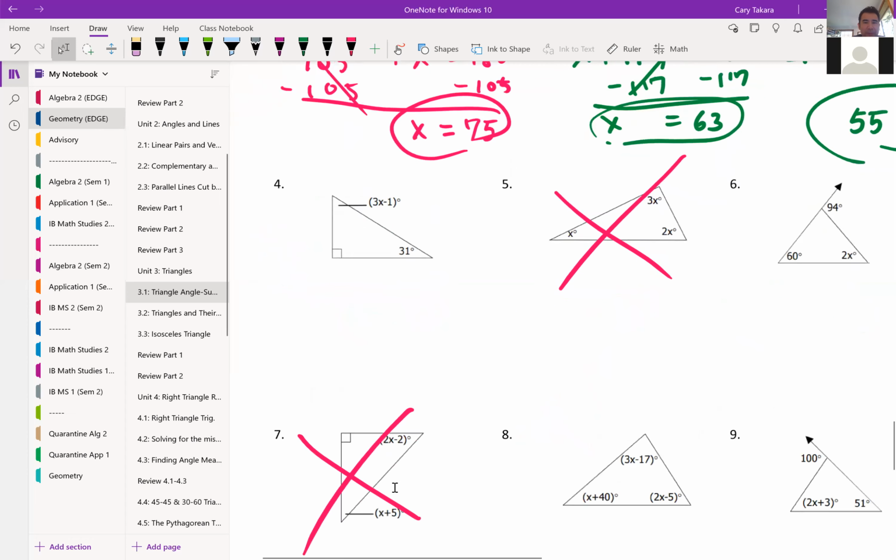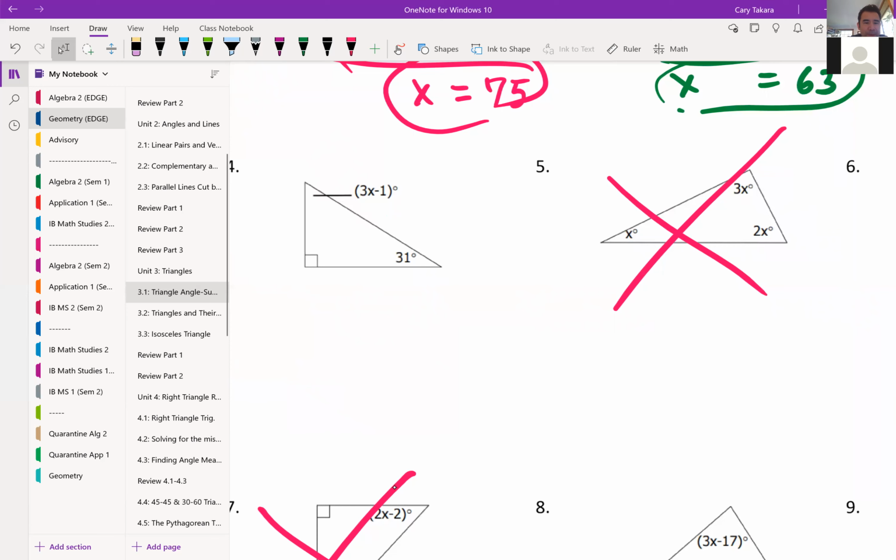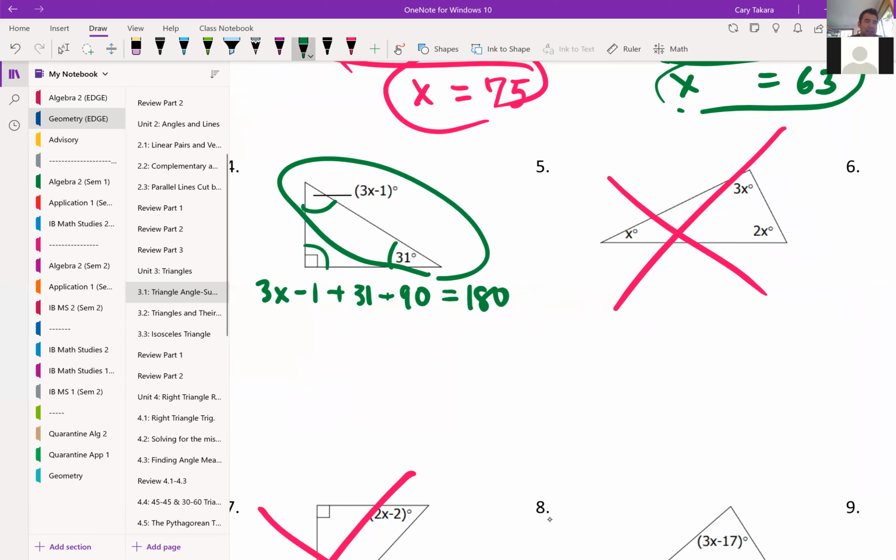So let's set it up. I'm just going to do the long way. 3x minus 1 plus 31 plus 90, and they are all equal to 180. Or some of you may have done 3x minus 1 plus 31 equals 90.